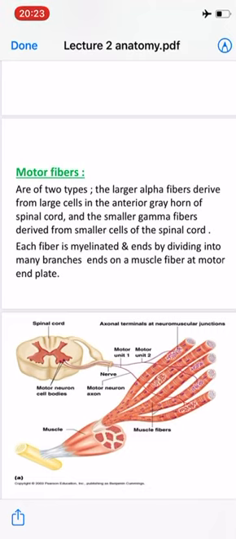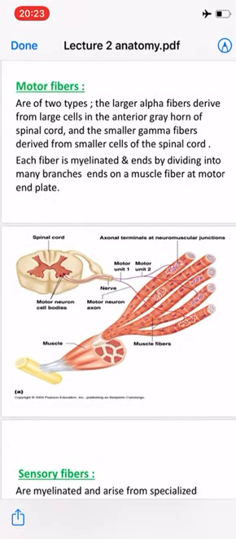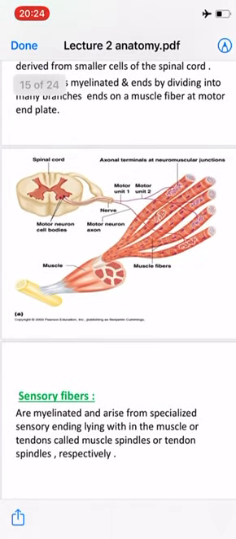وقسم من عندها smaller gamma fiber موجودة أيضا من smaller cell of the spinal cord. قسم من عندها تسمى الجاما فايبر ويكون حجمها أصغر. وكل ليف عضلي is myelinated يعني مغلفة بطبقة تسمى myelin sheath فلهذا نسميها myelinated. وتتفرع and ends by dividing into many branches ends on a muscle fiber at motor end plate. وتتفرع هذه الأعصاب بحيث تتصل بالعضلة بمنطقة تسمى الموتور end plate.